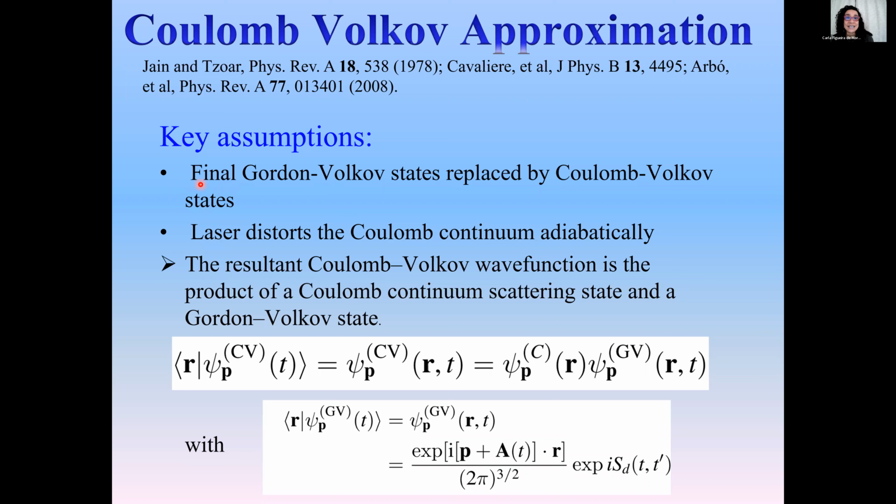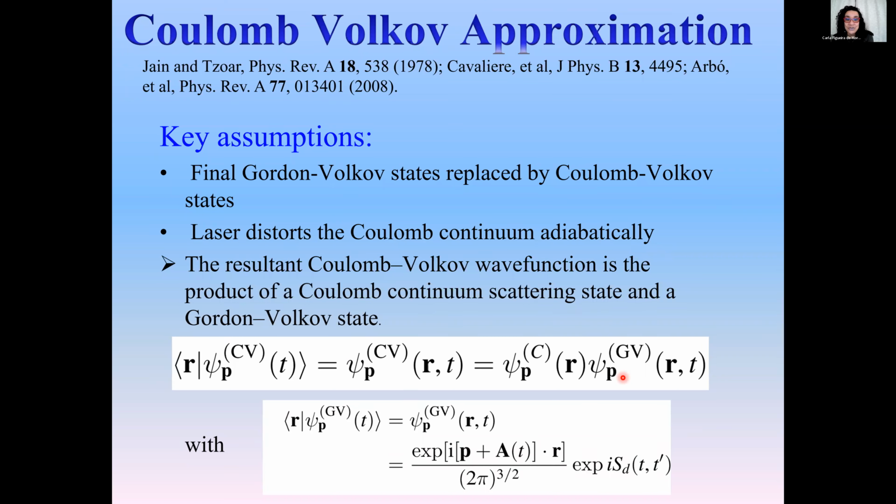For instance, in the Coulomb Volkov approximation, an assumption that you make is that the final Gordon Volkov states are replaced by Coulomb Volkov states. You also assume that the laser is going to distort the Coulomb continuum adiabatically, and because of that, you can use that factorization that I was talking about.